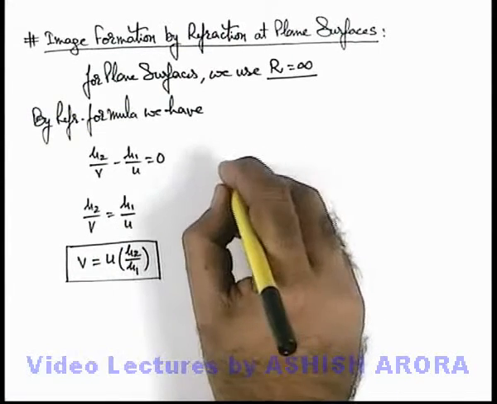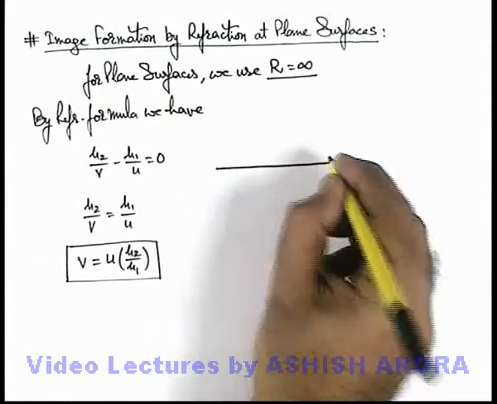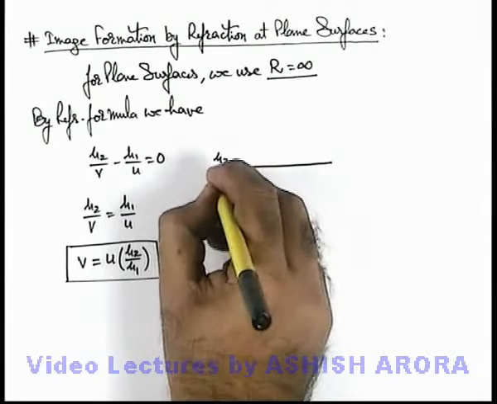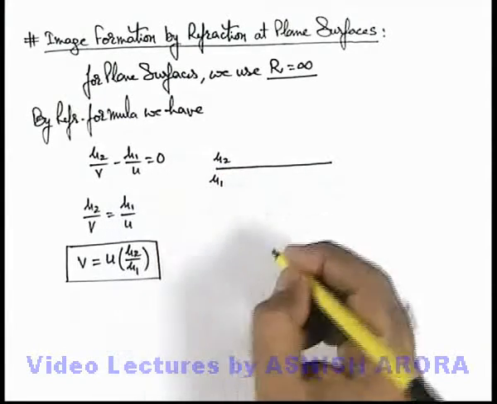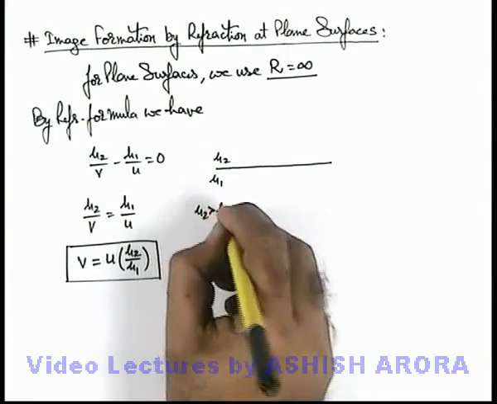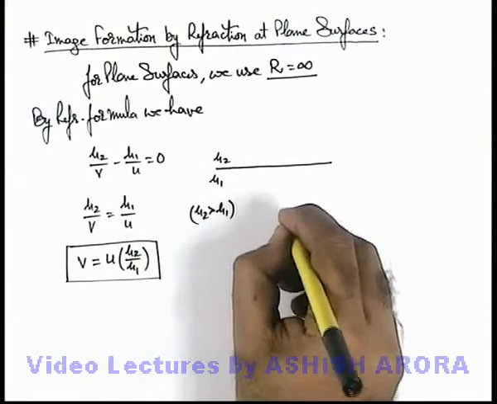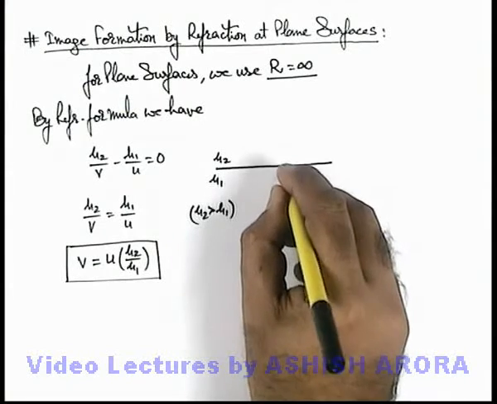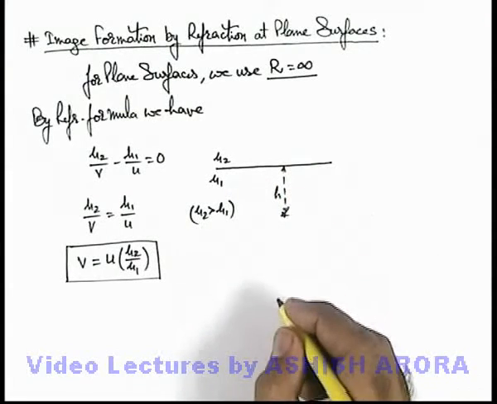Let's have a look at two situations. For this plane surface, if this is medium mu2 and this is medium mu1, and in this situation say mu2 is greater than mu1, and an object is placed at a depth h below the plane boundary.